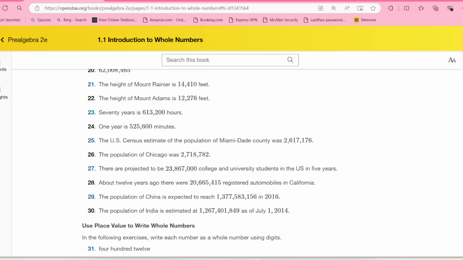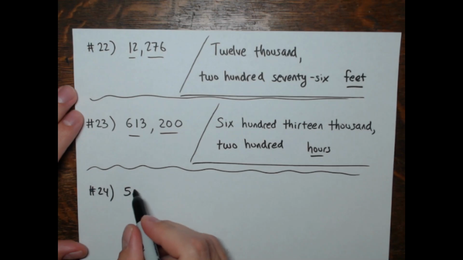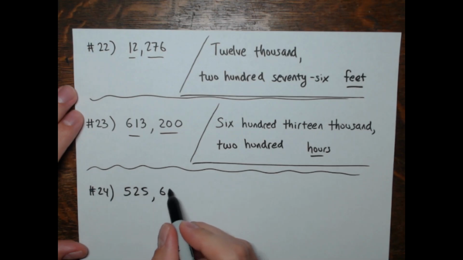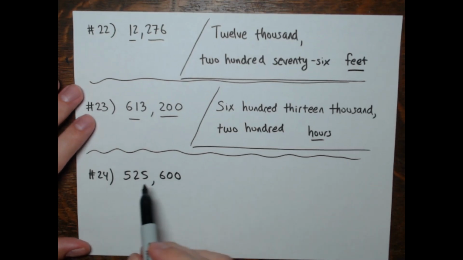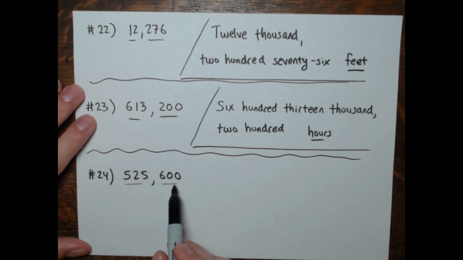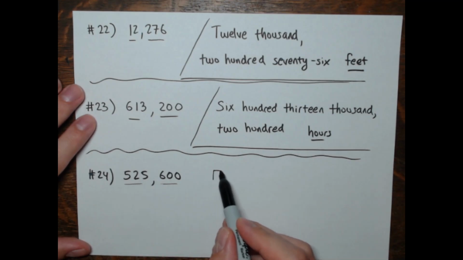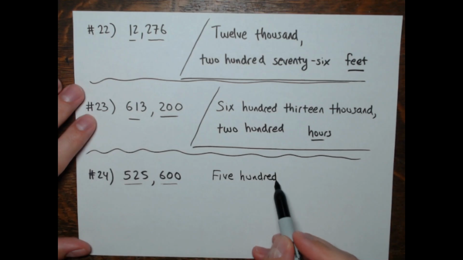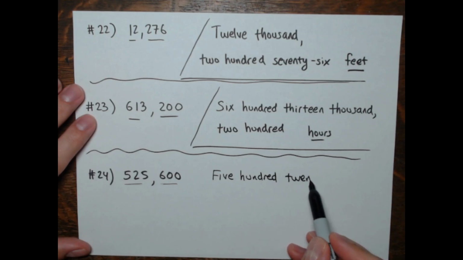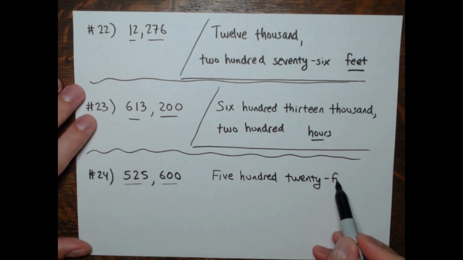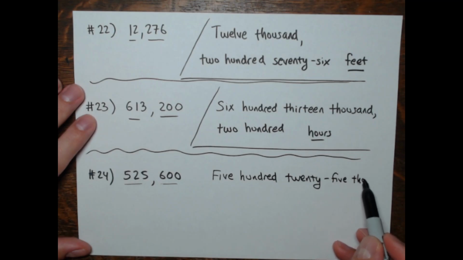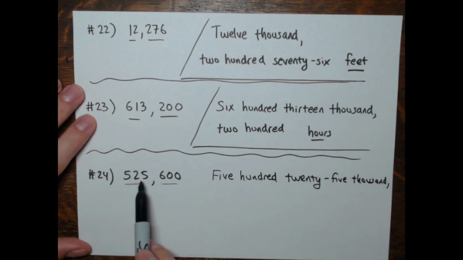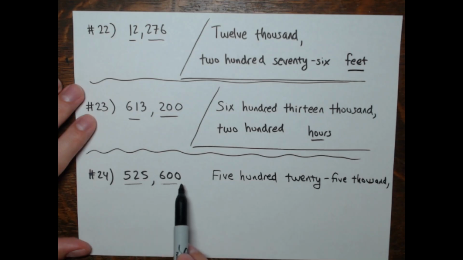So, the number we're given, 525, comma, 600. And that's just two periods once again, the thousands and the ones. So it's 525,000, comma, all right, 525,000, and then 600.